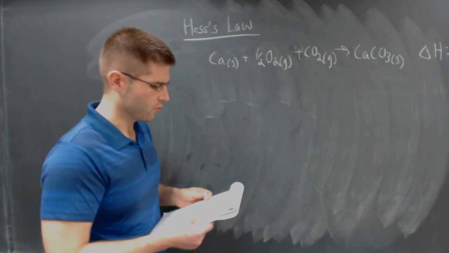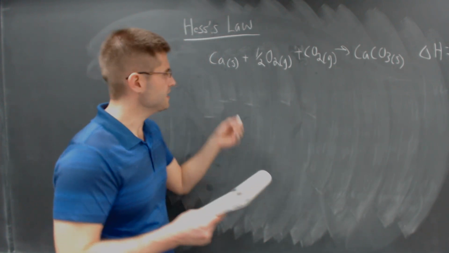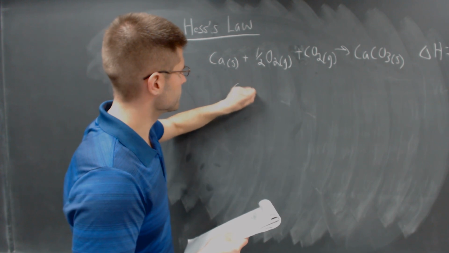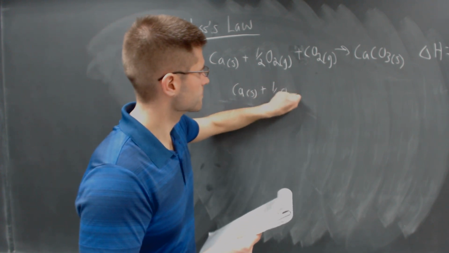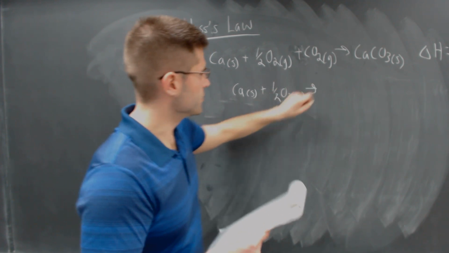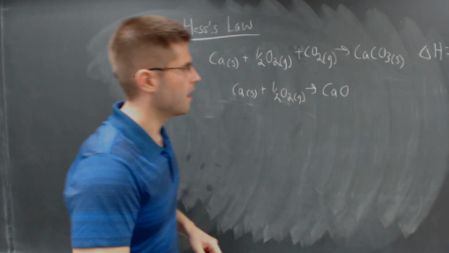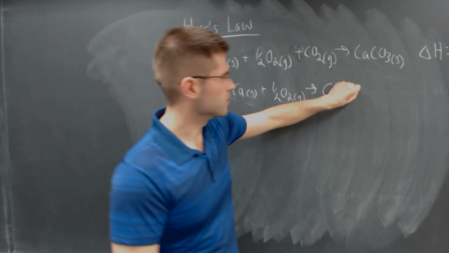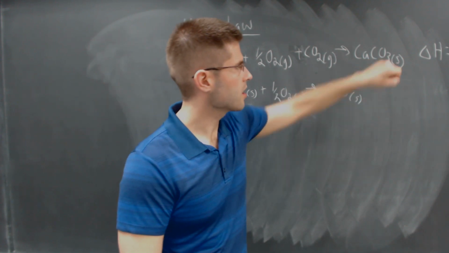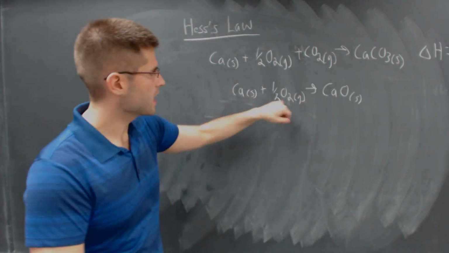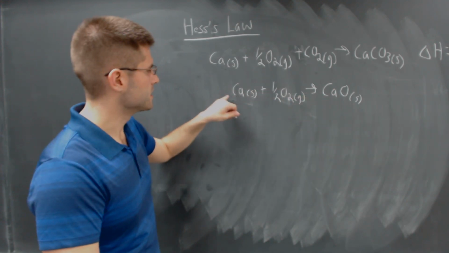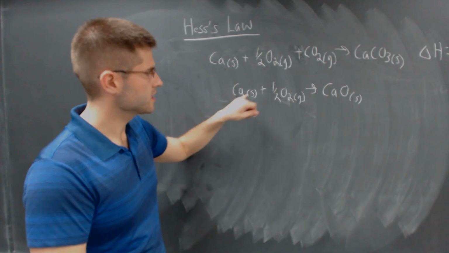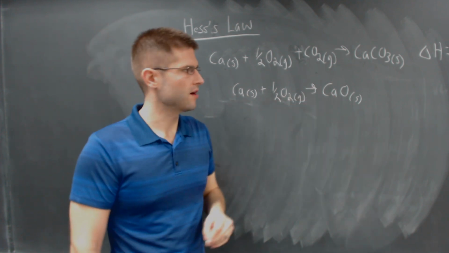So what does that mean? You can look up in a textbook and see 2 different equations. Calcium solid plus 1/2 oxygen is going to give you calcium oxide. That's not what we're looking for, really. We want calcium carbonate. However, this has a lot of our reactants present. This is the standard reaction for calcium and oxygen reacting together to make calcium oxide.